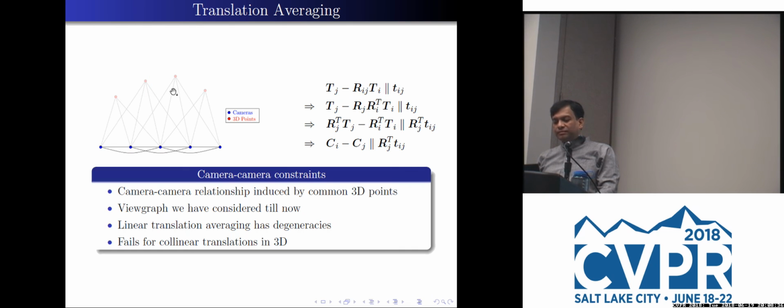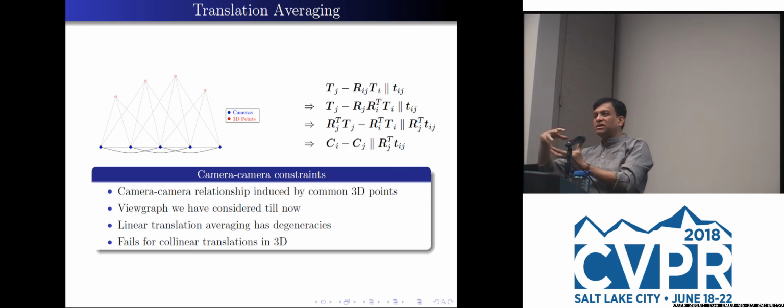Remember, this is almost like your overall global structure from motion problem. In the structure from motion problem, you took everything together: the unknown 3D points, the unknown cameras, set up the relationships, and solved them, let's say using bundle adjustment. In the motion averaging setup that I've shown you till now, we eliminated structure, just took the relative motion relationships on the camera-camera graph or the view graph and solved it.